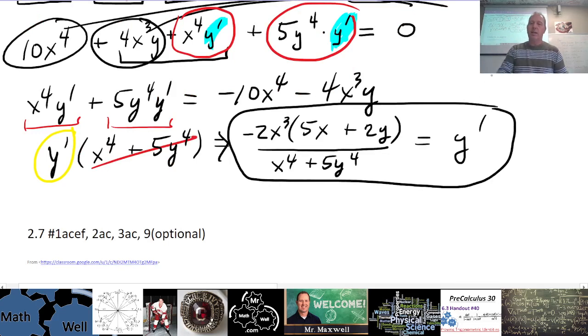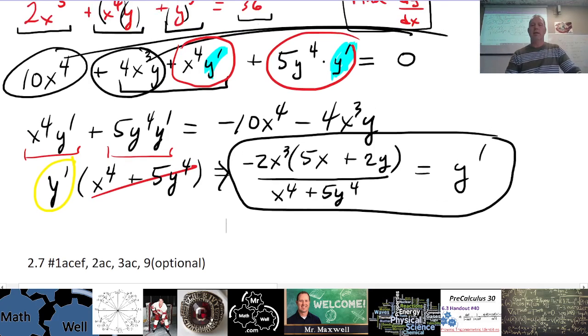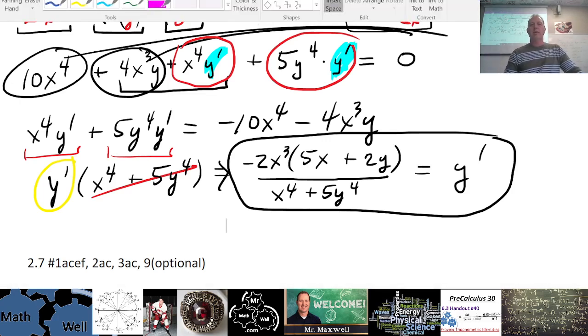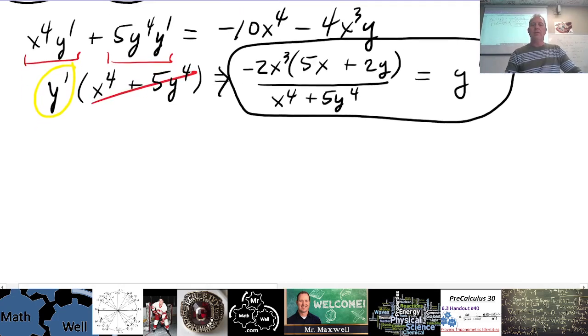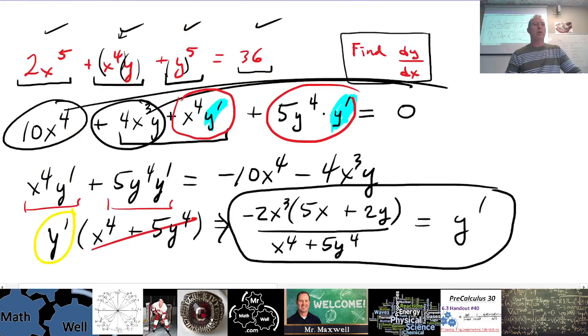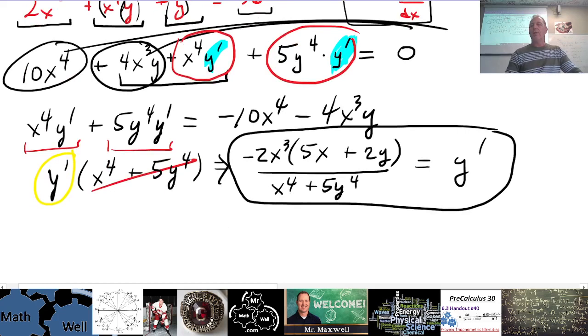Yeah, it looks a little ugly, but remember this, okay? Now that you have y prime isolated here, if I sketch this original function, which I will in Desmos in a minute, and I want to find the value of the derivative at any point that's on that function, all I have to do is plug the x value in here, and down here. That's where the x value goes.